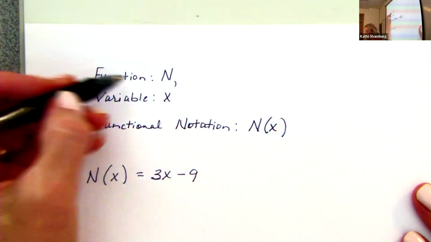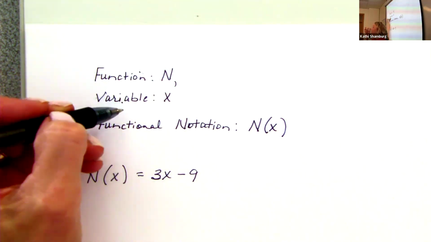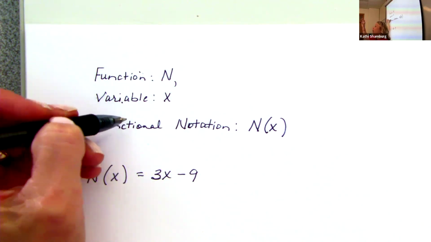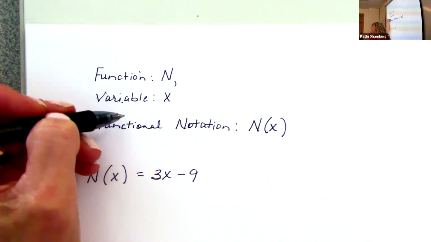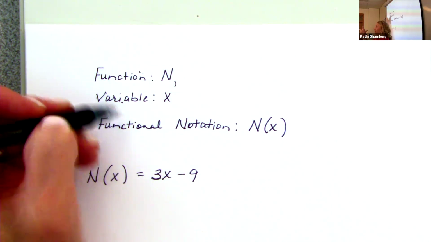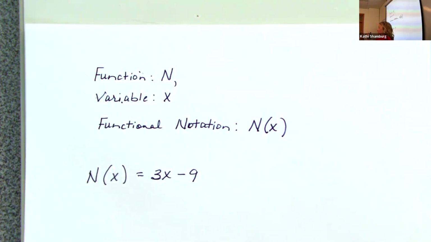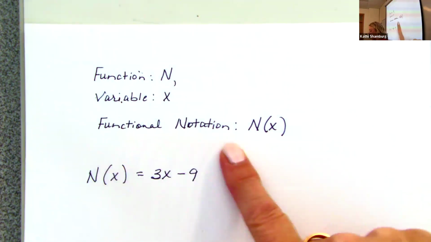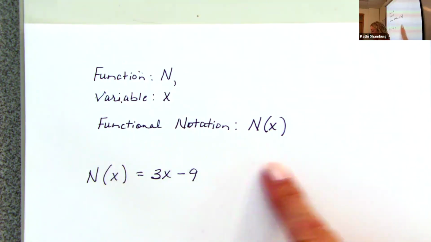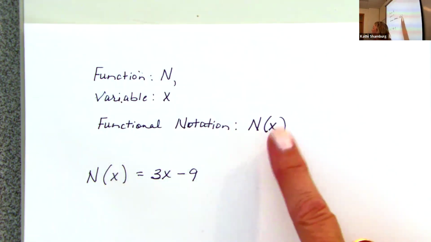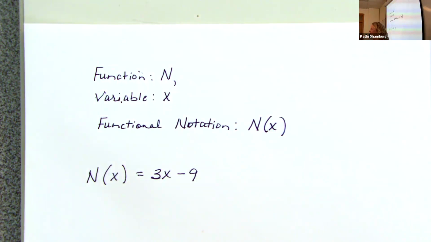So the function is N, the variable is X. Now the variable is always within the parentheses. Those never switch. And then functional notation, when it asks for that, it's no more, no less than just asking for that N at X. So that's just a reminder of the language we started using on Wednesday.